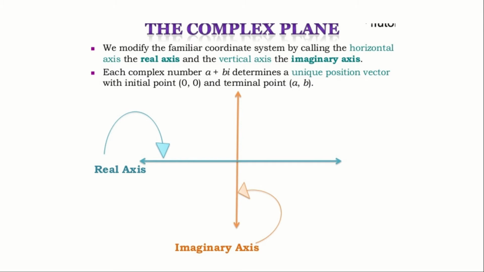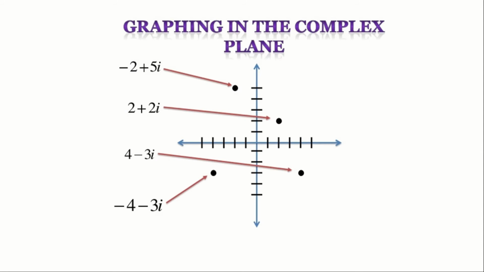The initial point is where the x and y axes meet, which is considered the origin, (0, 0). The terminal point is the point where we plot the complex number on the xy axes, that is the point (a, b). This is the way of plotting a complex number in a complex plane.